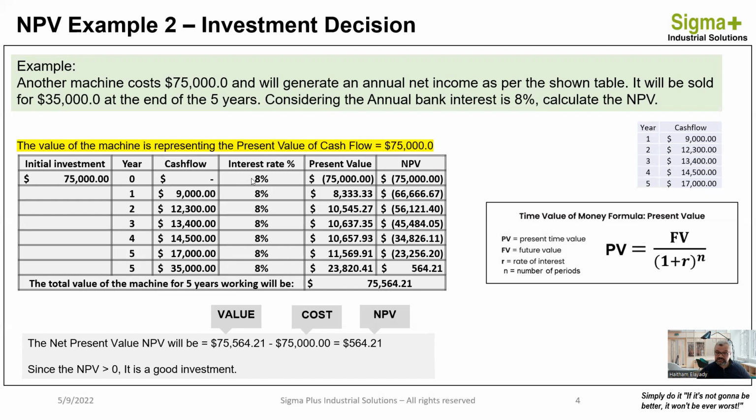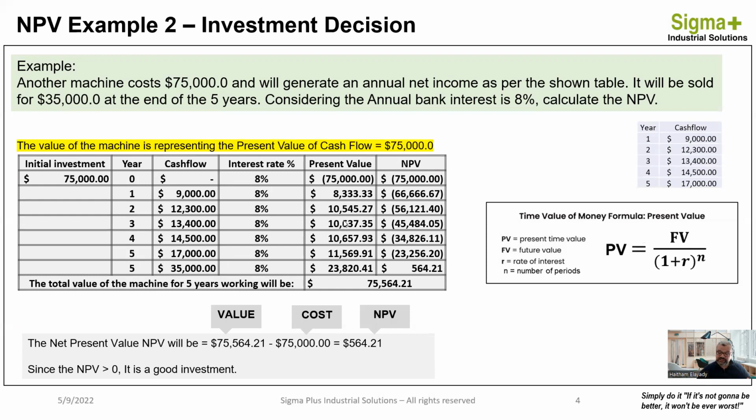Again, the first time you spent the money, $75,000 went out of your pocket, right? The interest rate is 8%. So the present value at the time you buy is minus $75,000. In the 1st year, you got $9,000, and the present value of that is 8,333. In the 2nd year, you got $12,300, which has a present value of $10,545.27.